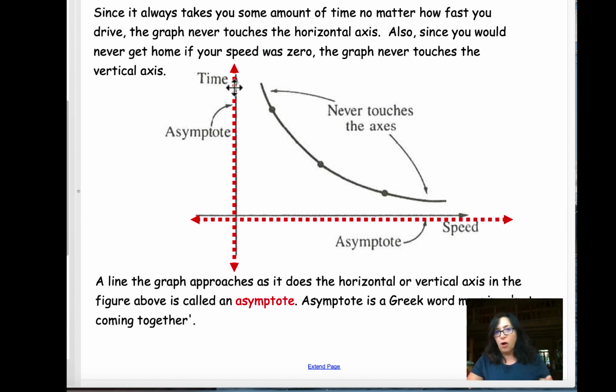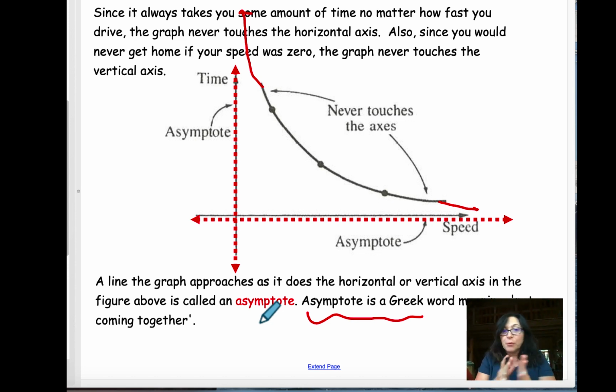So what we call these values here are actually asymptotes. See this right here? This is an asymptote. This means that my graph is going to get super, super close to that, but never touch it. Likewise with this. It's going to get close, close, close, but never touch. Oh, by the way, asymptote is a Greek word, and it basically means not coming together, so it never catches up or meets up with that.